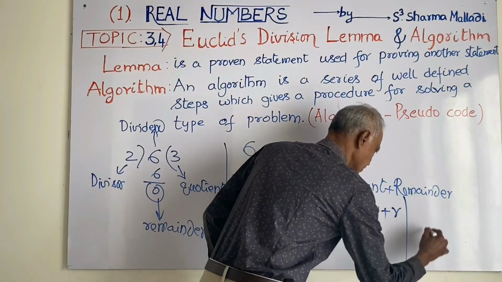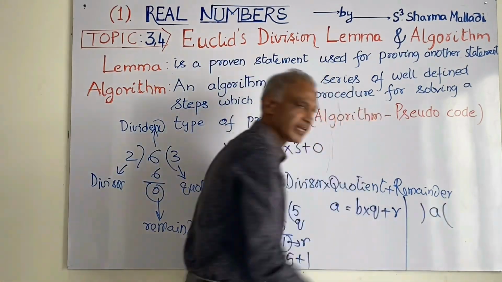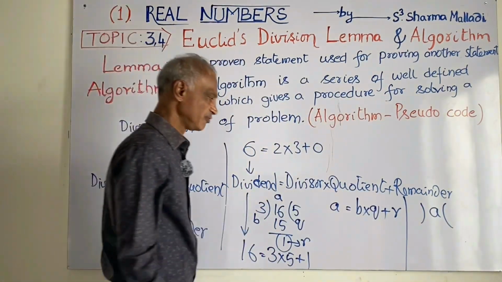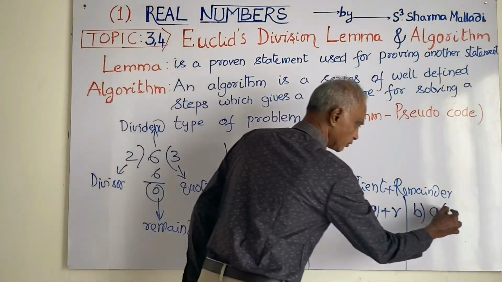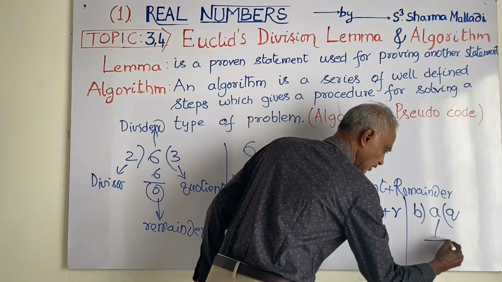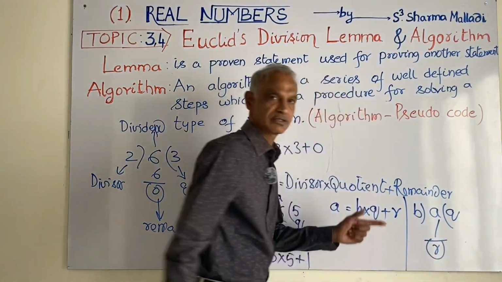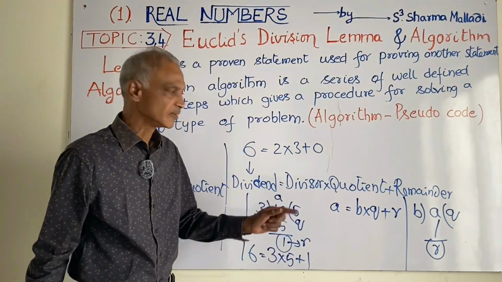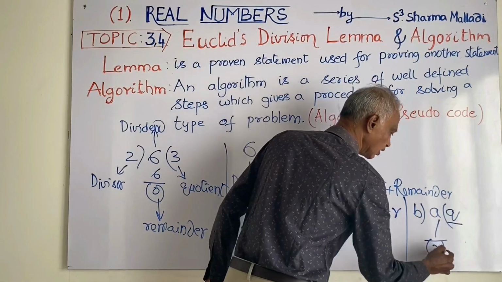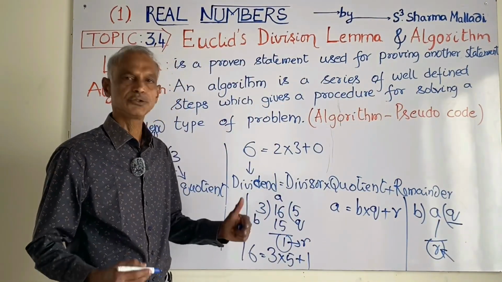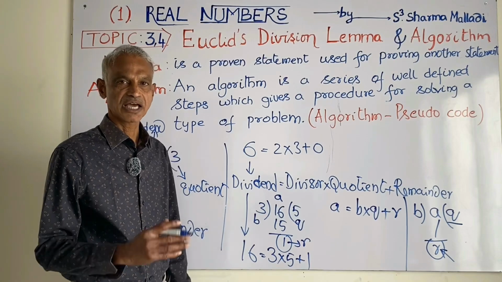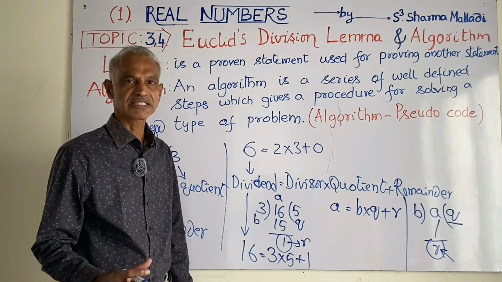I am dividing A, the dividend, by a divisor B. You get a quotient Q and a remainder R. This Q and R are unique. You should understand that one.